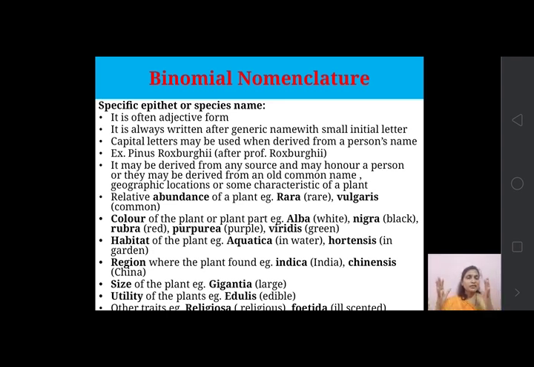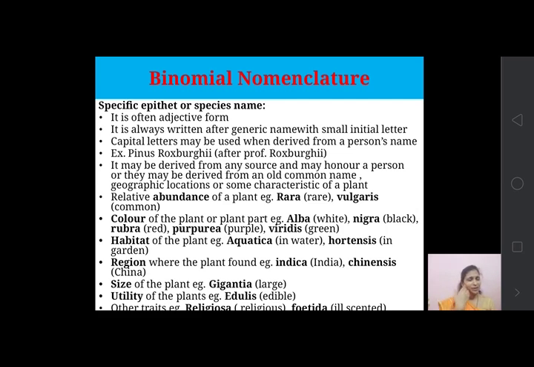Then come to the utility of plants. When the species name is edulis, then it indicates that it is edible. Other traits can also be used for giving the name of the species, for example religious, that is religiosa, which means religious.